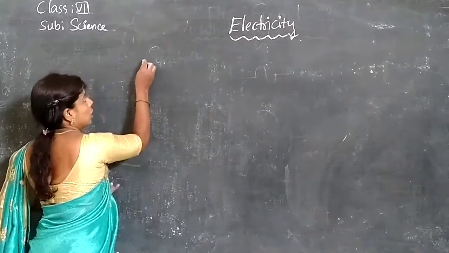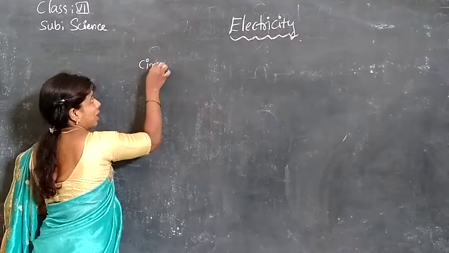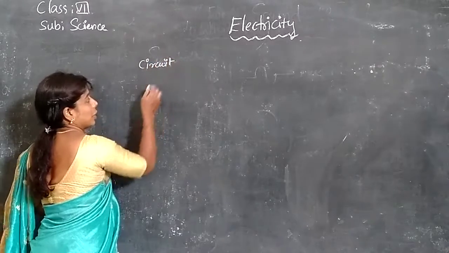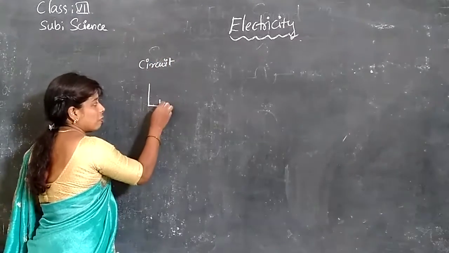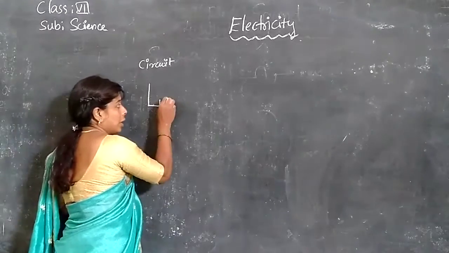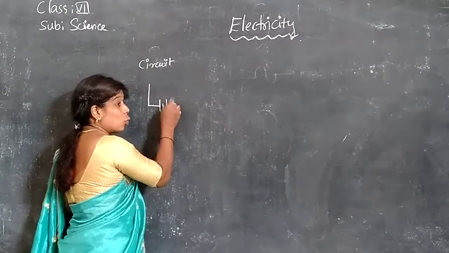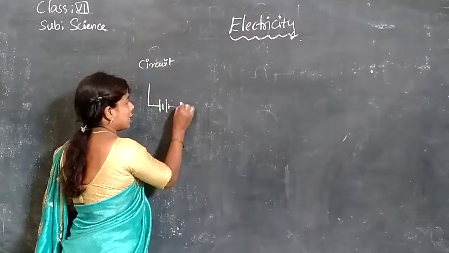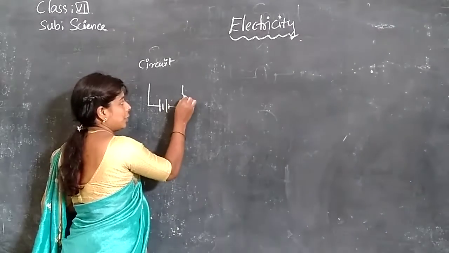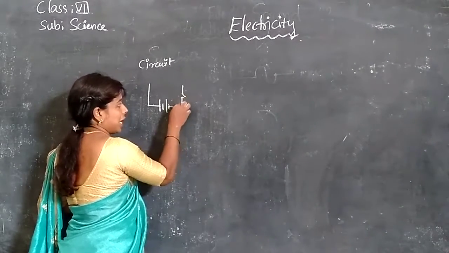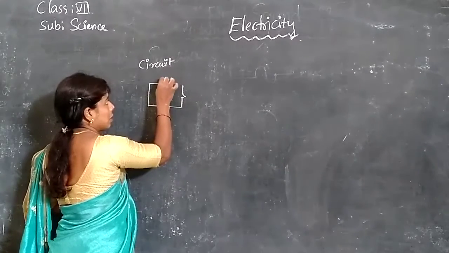I told you about circuit. Here this is a circuit. What is this? Cell. Now it becomes more than one cell: battery. Here you take a key.